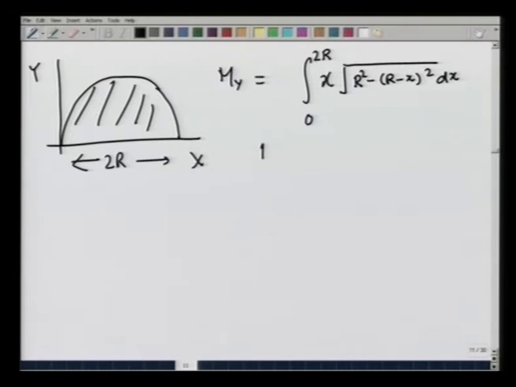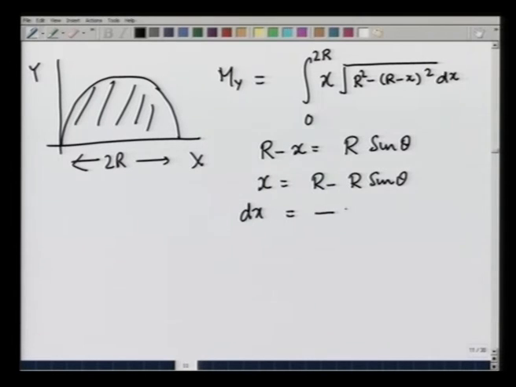Let me take r minus x to be equal to r sin theta, so that x equals r minus r sin theta. In this case, dx is going to be equal to minus r cosine theta d theta. Substituting this, when x is 0, sin theta is going to be 1, and therefore, theta is equal to pi by 2.